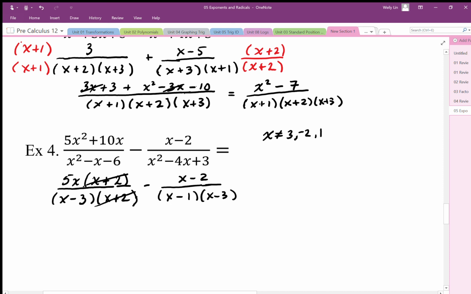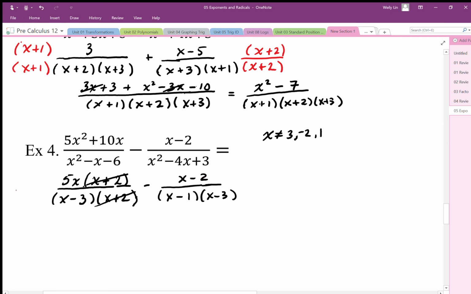Okay, but when I add or subtract fractions, before I do that, I should simplify my fractions first. So notice that this fraction simplifies to 5x over x minus 3. Now that it's simplified, I don't need the x plus 2 in my denominator. There's nothing I need to put into this fraction over here.